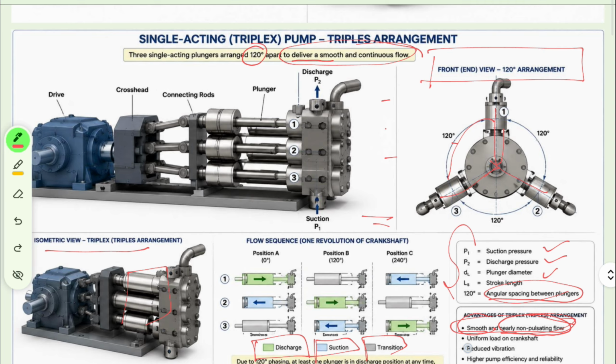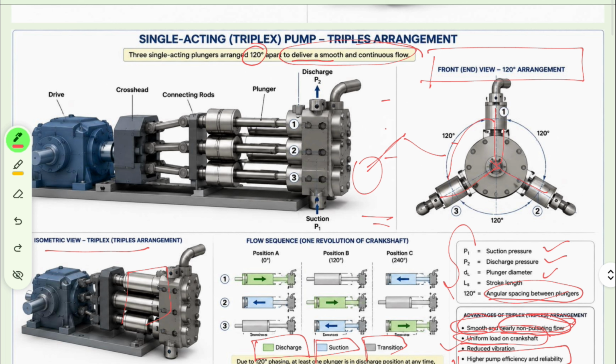The next thing is uniform load on the crank. I have told you that the crank is arranged in this way, so everywhere the load on the crank is uniform, with reduction in vibration, and higher pump efficiency and reliability. This is the best part about the triplex pump.